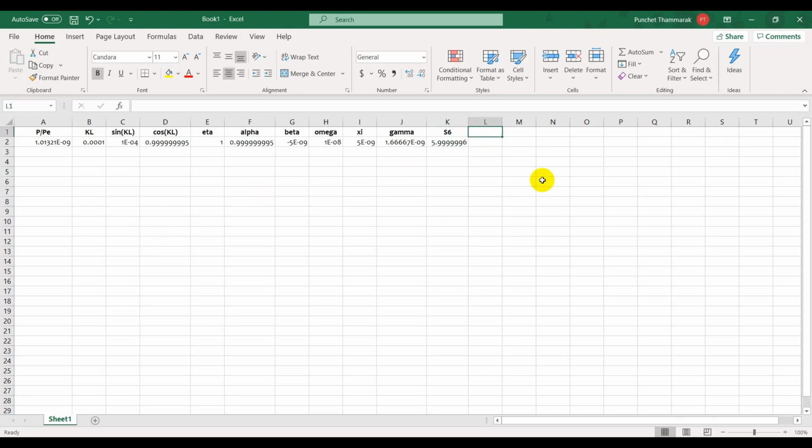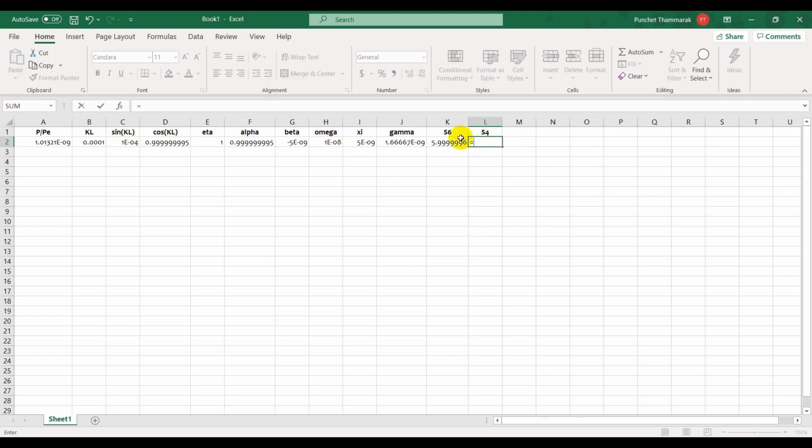We have S6. The next is going to be the S4. So for the S4, let's see. We have the KL square. Basically we can use that, and the additional part is the C over omega.